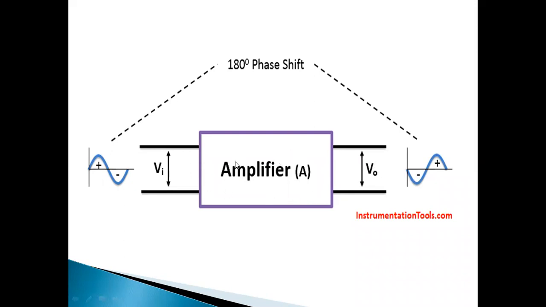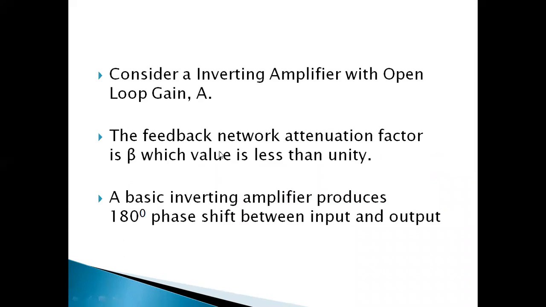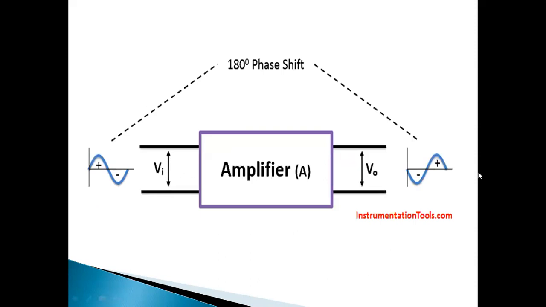The inverting amplifier provides a 180 degrees phase shift whenever we apply an input signal. Next, let us consider the feedback network attenuation or gain, which is represented as beta, and that is less than unity. So the basic inverting amplifier produces a 180 degrees phase shift between input and output.